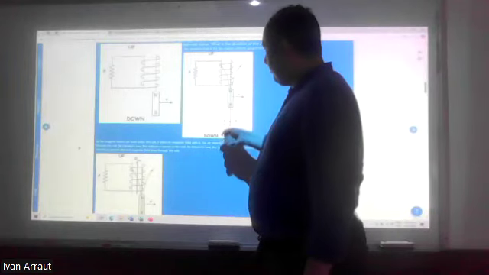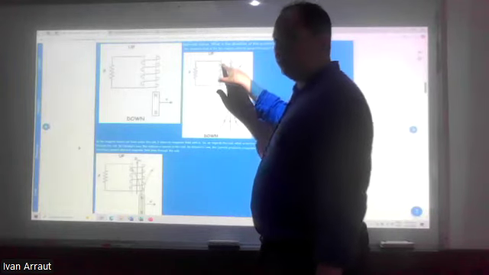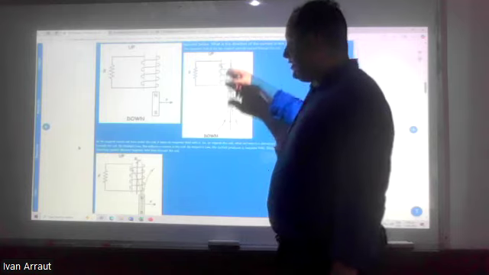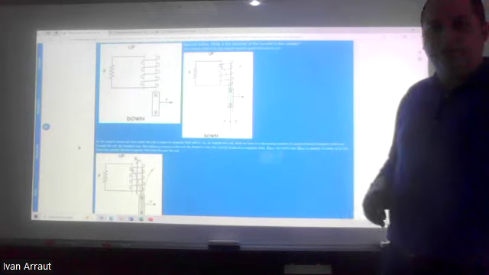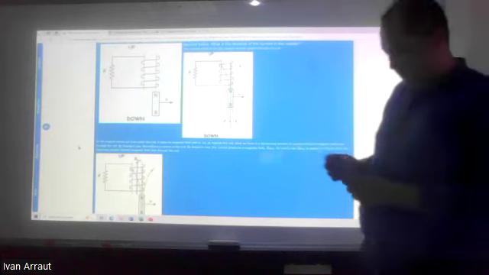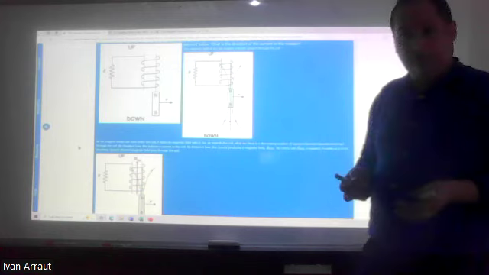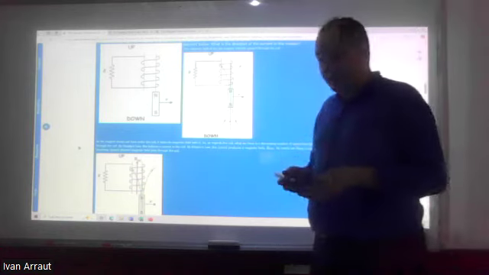North pole, south pole. I approach a magnet to this wire, and the change in the flow of the magnetic field generates what? A current or a voltage.